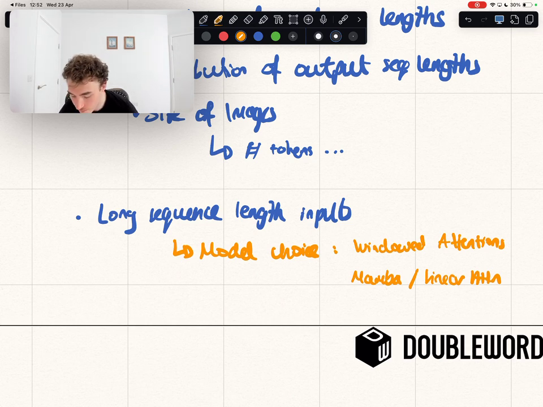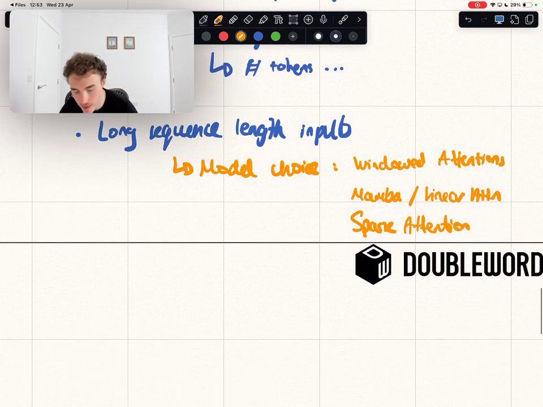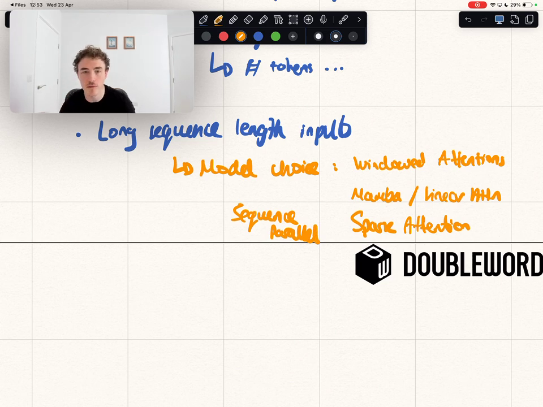Maybe you'll pick a model or fine-tune a model yourself to have some sort of sparse attention pattern to make processing faster, or switch to using some sort of sequence parallel configuration for the model if you don't want to change the model, or you don't want to fine-tune it or change any of its parameters, in order to make this processing of long sequences faster, in order to give the downstream users a better experience.